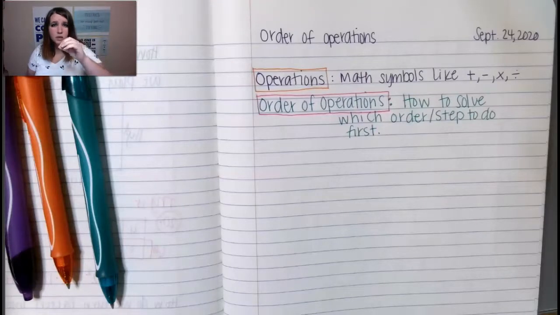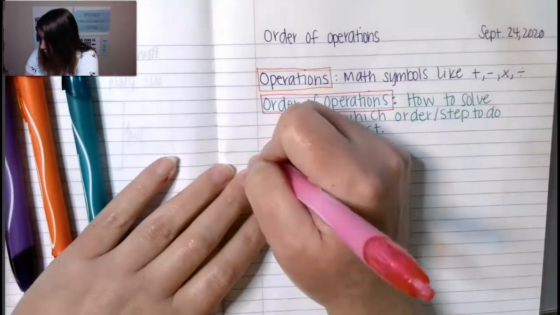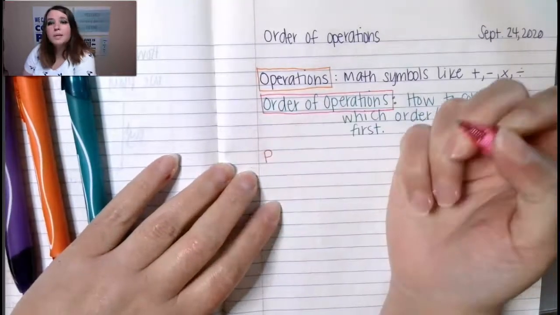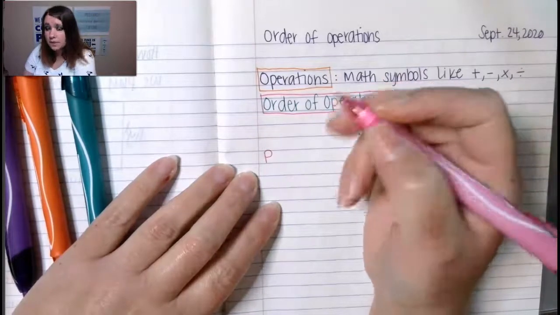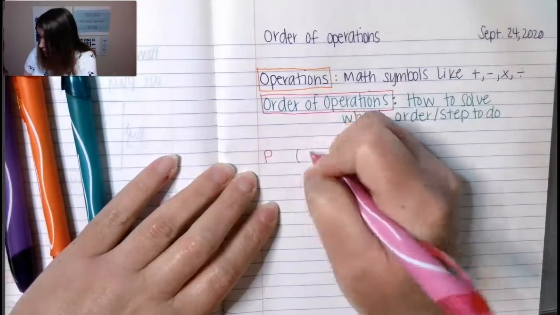The PEMDAS we're going to use as a checklist. GEMDAS, we can use that if you want to. It's just another checklist. But we're going to really focus on the order to do this in. Okay, so first we're going to start with P. And P stands for parentheses. So P is your parentheses.